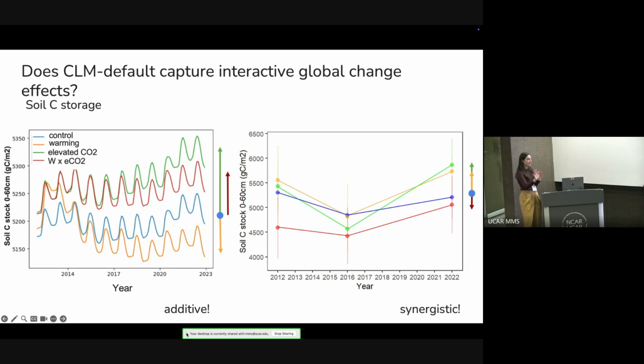And there are not that many of these interactive global change experiments. Another quite famous one, Jasper Ridge in California, shows more of these additive effects. So it could be something about this site that is unique. But we don't have enough of these experiments to have a great broad understanding of that.